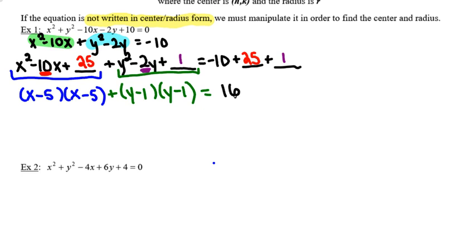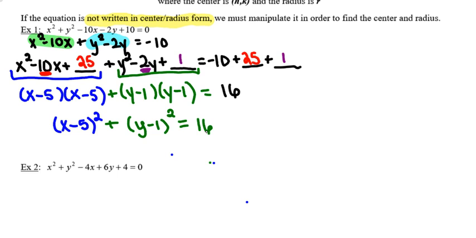My last step in the process is I'm going to rewrite the x minus 5 times x minus 5 as x minus 5 quantity squared. You probably have guessed by now that I'm going to rewrite the y minus 1 times y minus 1 as y minus 1 quantity squared. And I'm going to keep that equals 16.